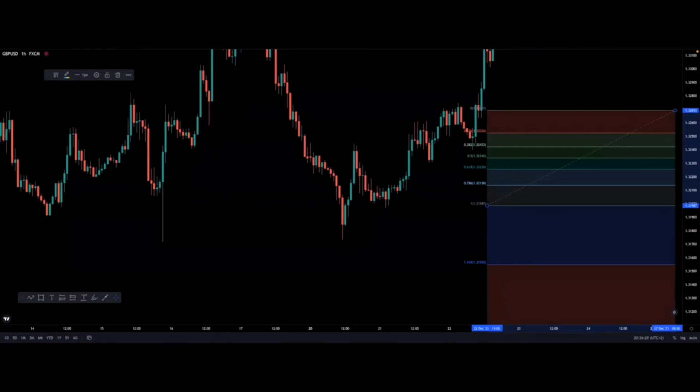Now let's have a look at the fib retracement tool. Before we go into that and before we dissect this on a chart, let's not dive into too much detail, because the history behind the fib is irrelevant. Okay, you don't need to know that.